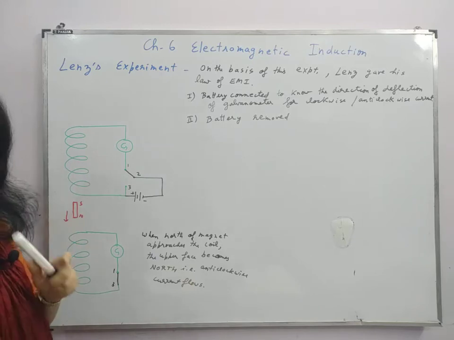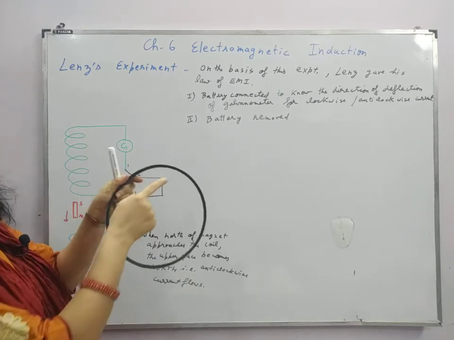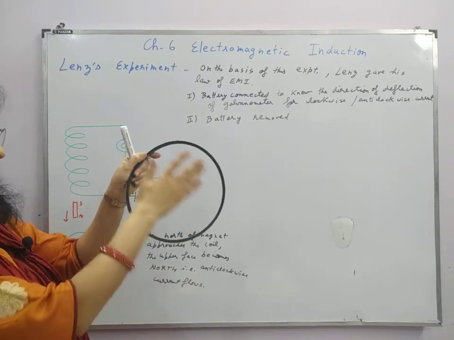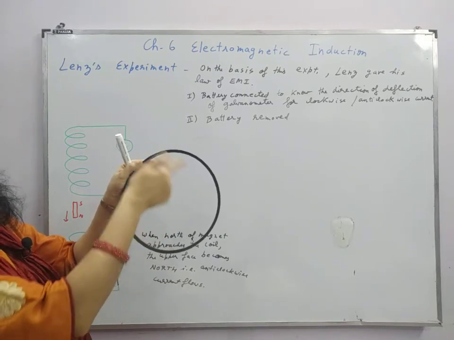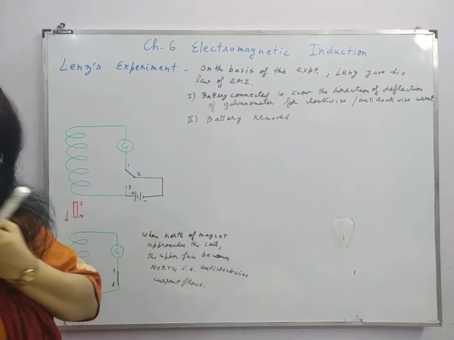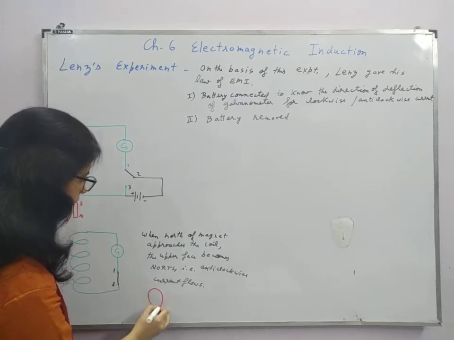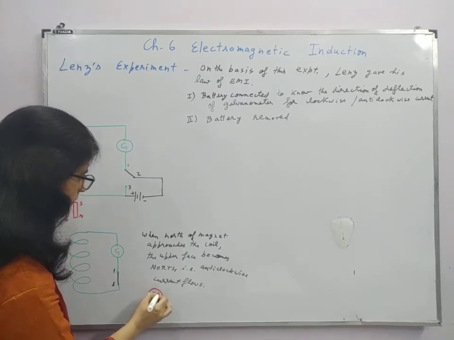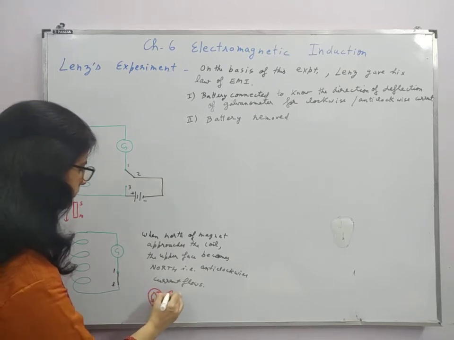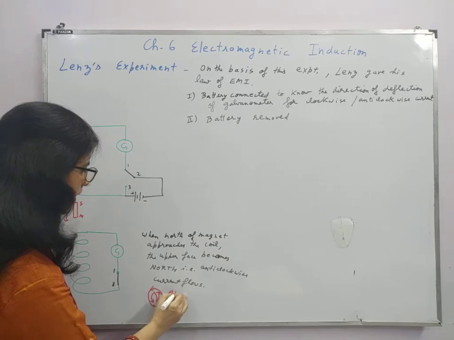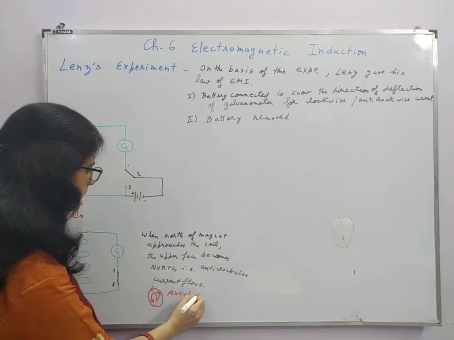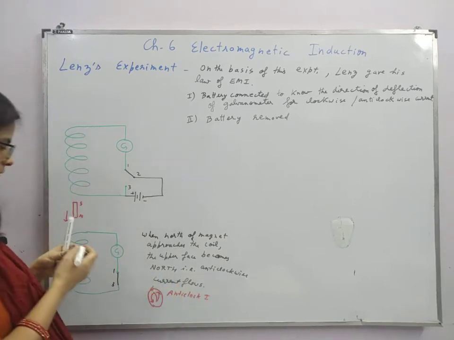If you remember, if we have this side as north, then there will be anti-clockwise current. So I can write, just to remind you, if the upper face is north, that means anti-clockwise current, right?